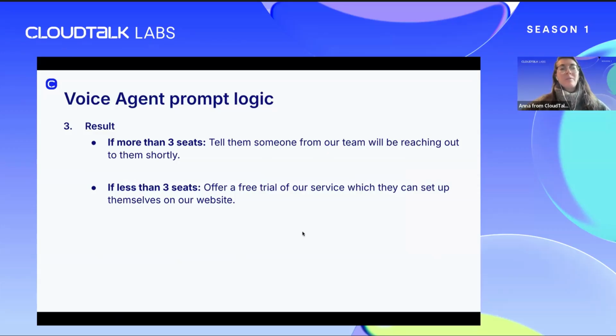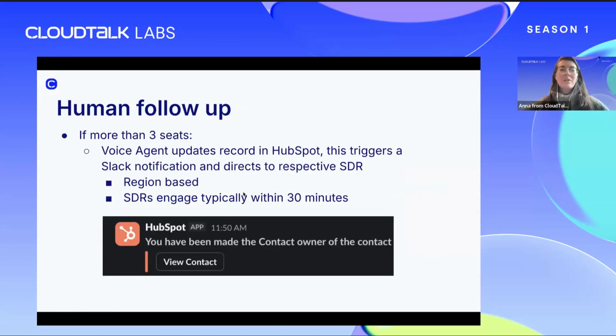So we saw the HubSpot workflow, followed by the voice agent workflow. And now, of course, we need a human follow-up. In the case of more than 3 seats, we have our SDR team engaged. The voice agent updates the record in HubSpot, and this triggers an automatic Slack notification for our SDRs based on their region.